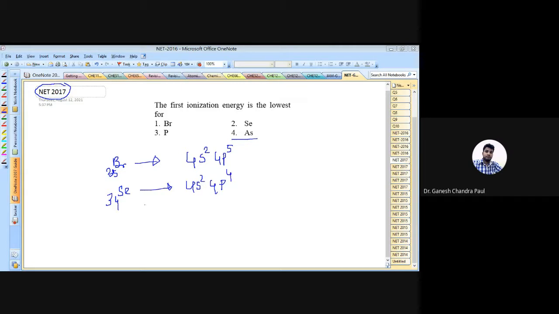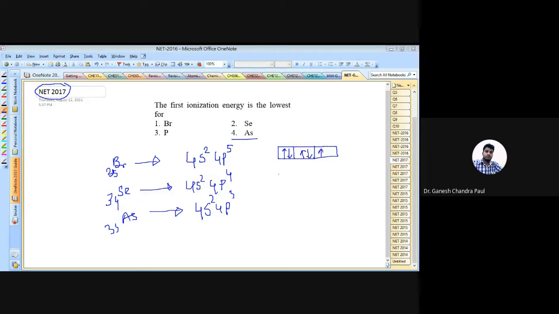And arsenic: the atomic number is 33, and the valence electronic configuration is 4s2 4p3. Now if you look at the valence electronic configuration of the 4p orbital, in the case of bromine, the p orbital contains a total of 5 electrons, like this.